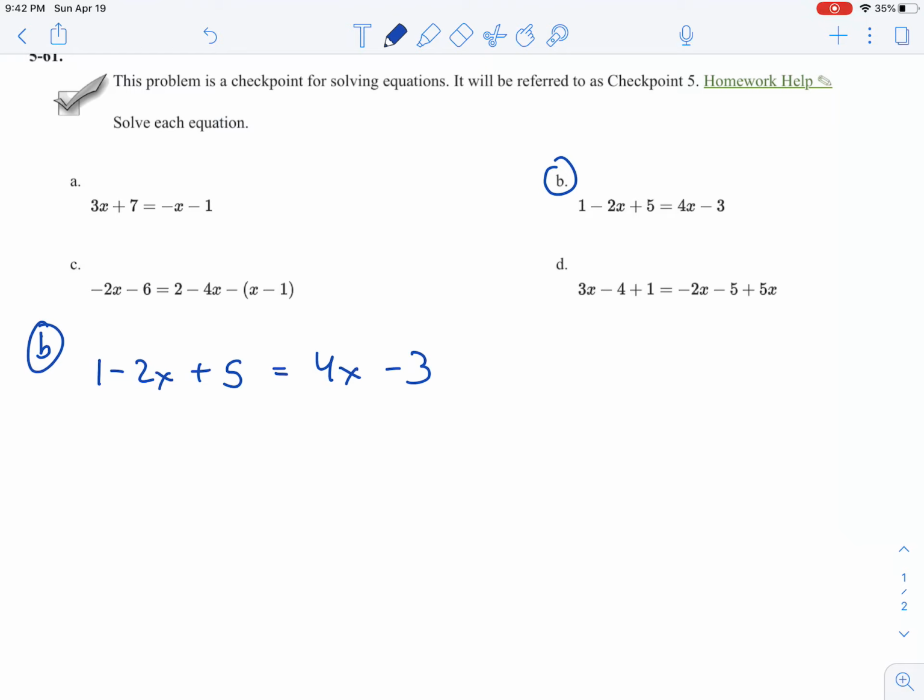So I'm going to use the commutative property, which says I can rearrange addition and subtraction without changing the answer, to write them next to each other to make it more obvious that it's 1 plus 5, so it's just 6. This just makes the equation a little bit simpler because we're going to have less things to worry about moving from left to right.